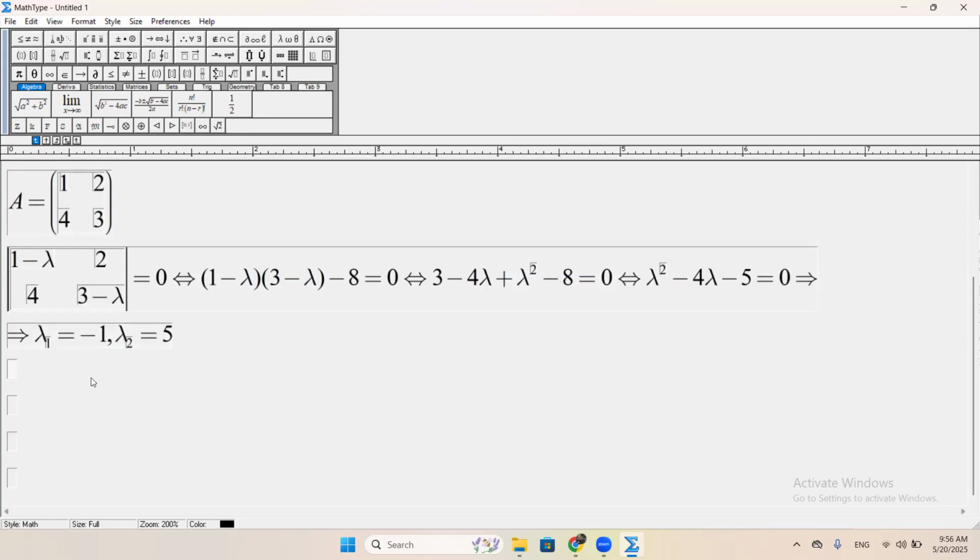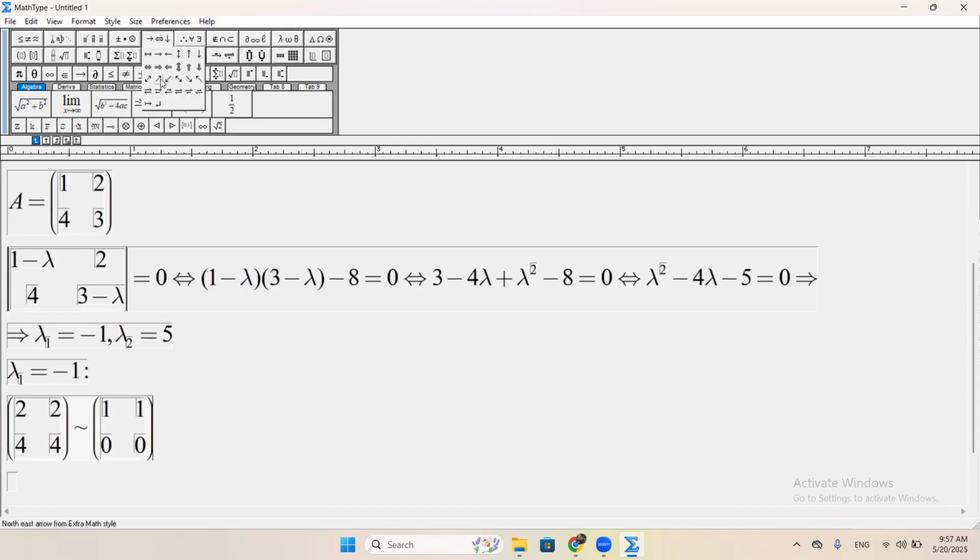So finding eigenvectors for lambda 1 equals minus 1. We will receive the following matrix: here will be 2, and here will be 4. This matrix will be equivalent to the following matrix: 1, 1, and here 0, 0.